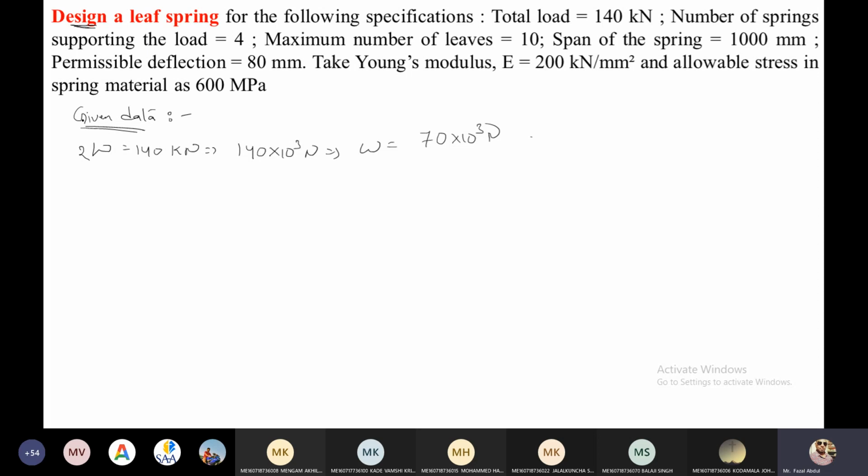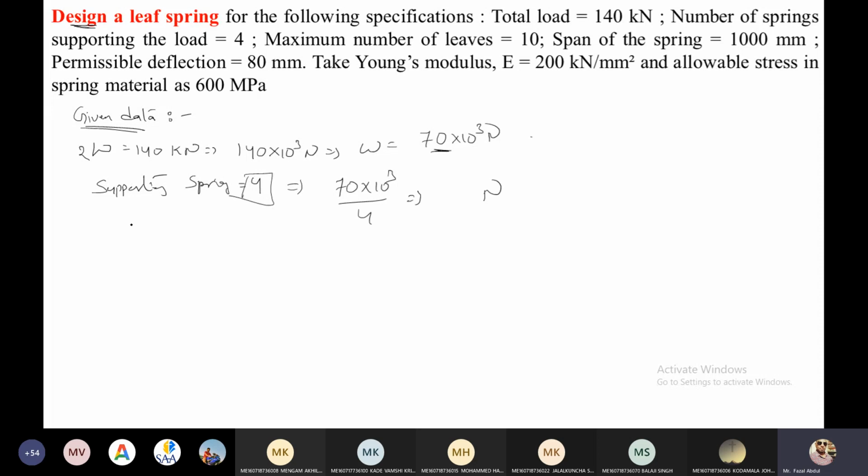Number of springs supporting the load is 4, so these 4 springs support this load. So each spring carries 70 into 10 to the power of 3 by 4 newtons. Tell me the answer.